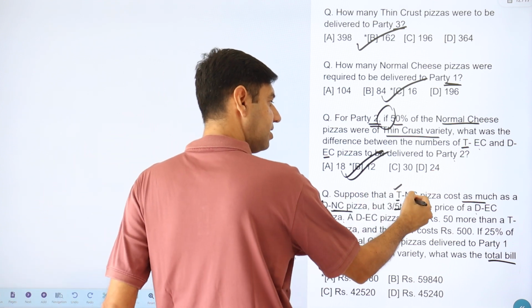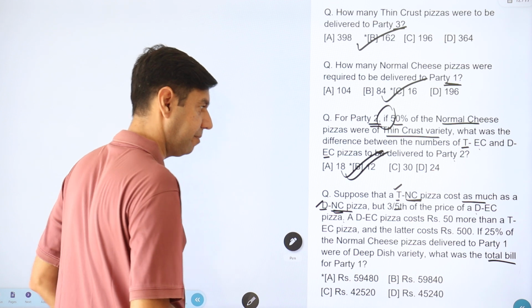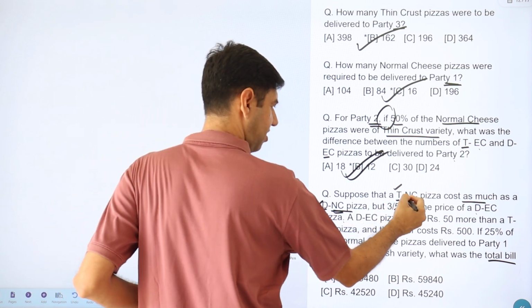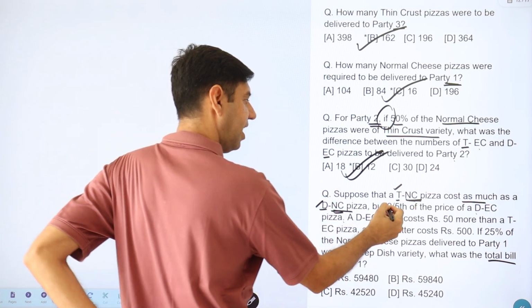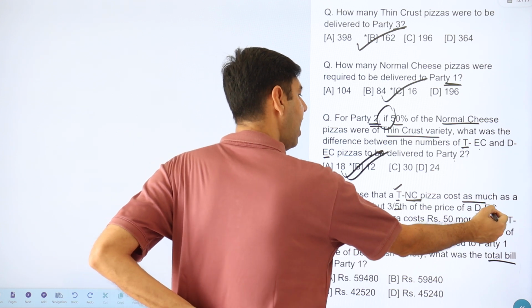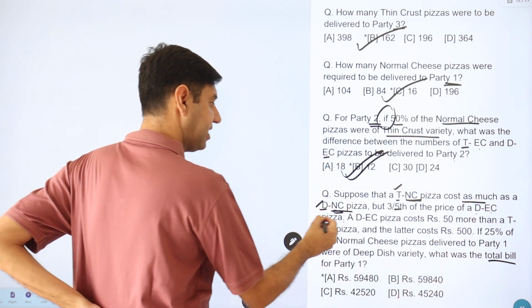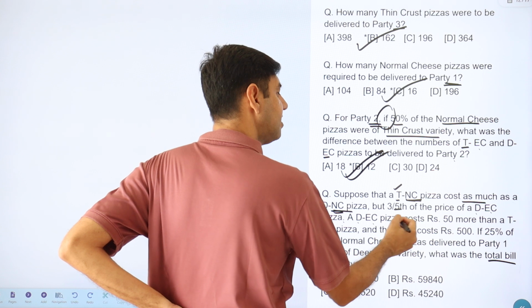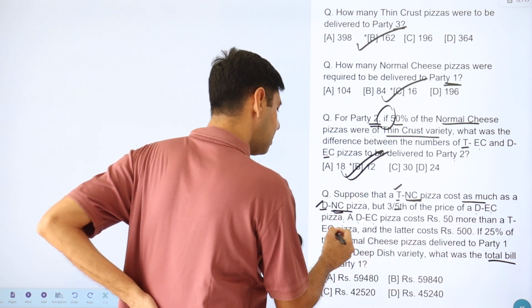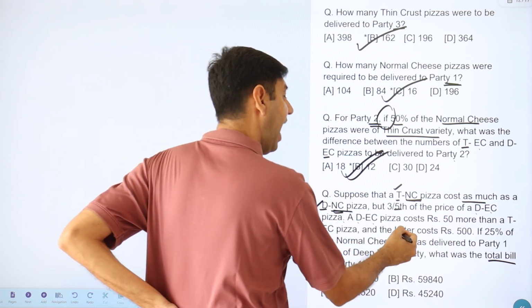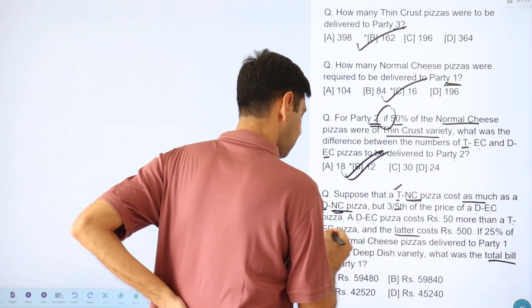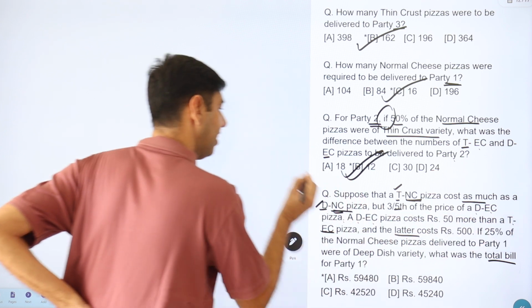So these normal cheese pizzas cost 3/5 of deep dish extra cheese. And deep dish extra cheese costs 50 more than thin crust extra cheese. And the latter, the last one, thin crust extra cheese, costs 500.